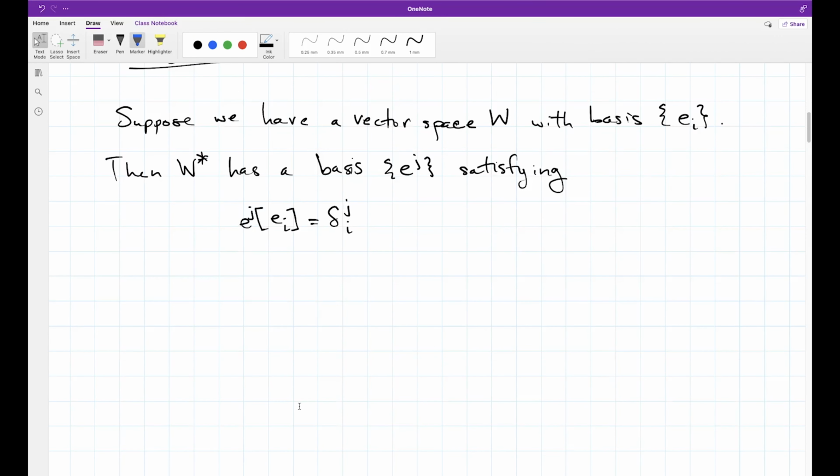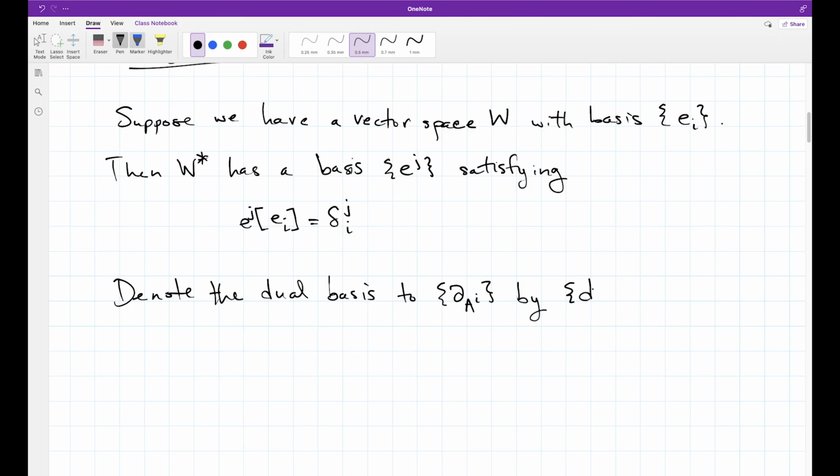And this is always true. So we will have one of these bases for the cotangent space. And we should probably denote it. So we'll denote the dual basis to the coordinate basis, partial a i, by d, and we'll use this symbol here, lowercase d, a i.